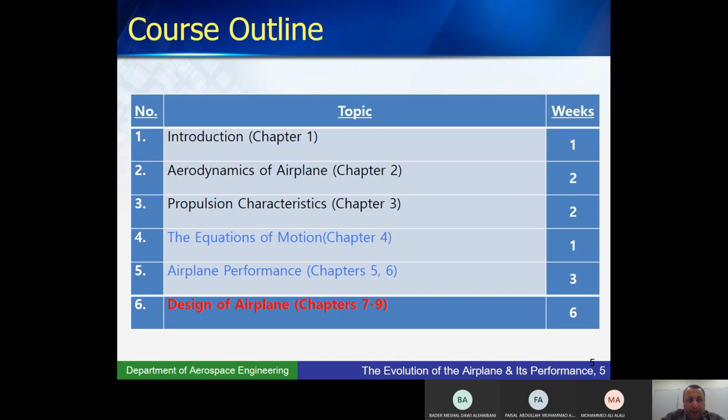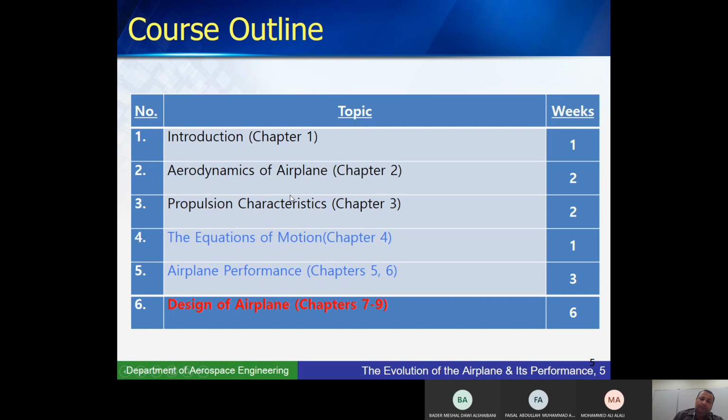In AE 427, we're going to do one complete cycle of design. And then we're going to proceed to see what should be done next. Stuff that cannot be done in a university, stuff that can be done in a company. If we're going to have marketing of the aircraft, if we're going to have detailed design of components, assembly drawings, manufacturing, testing, and so on.